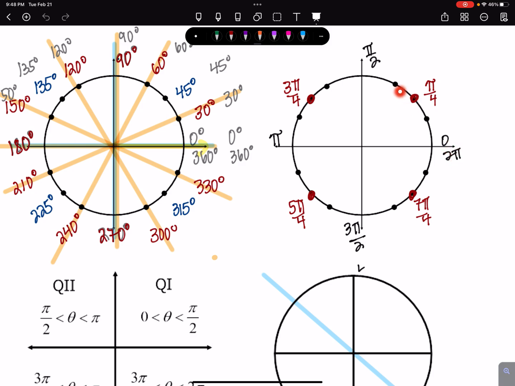So 1 pi over 4, 3 pi over 4, 5 pi over 4, 7 pi over 4.